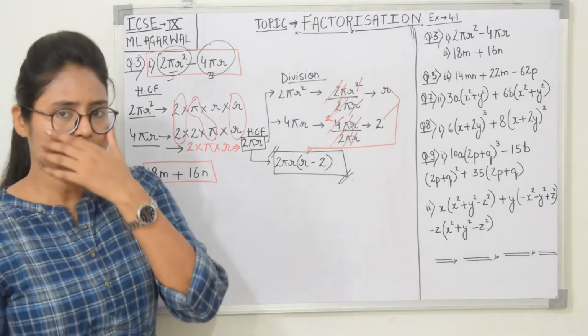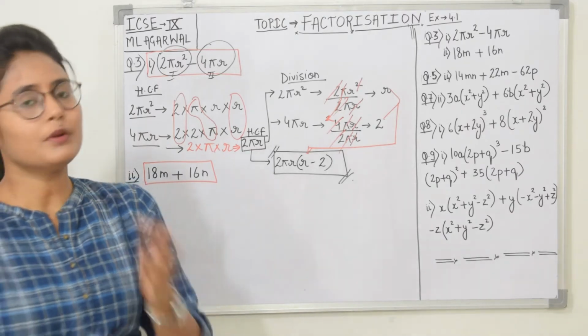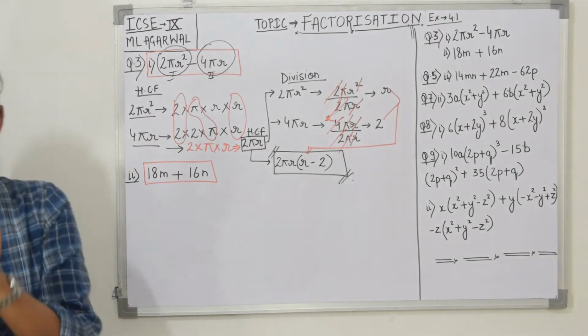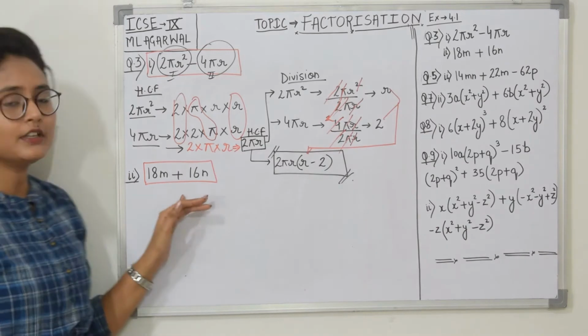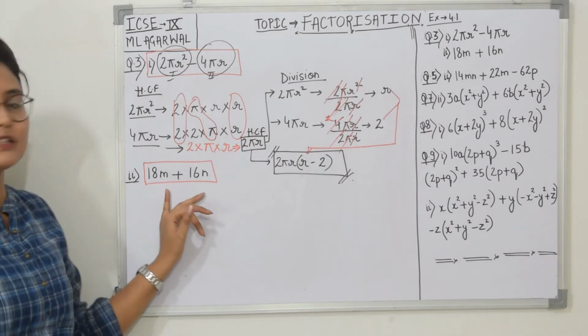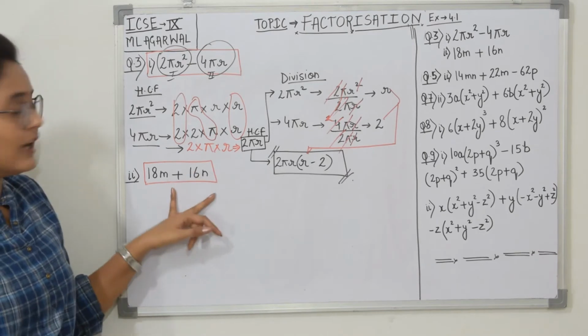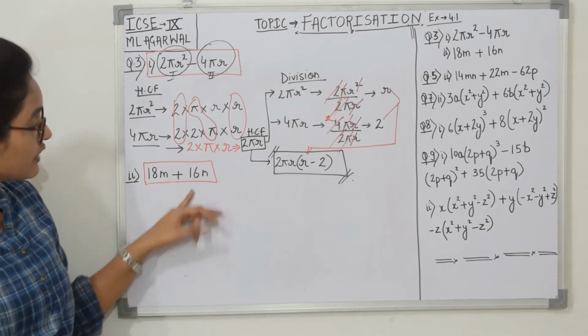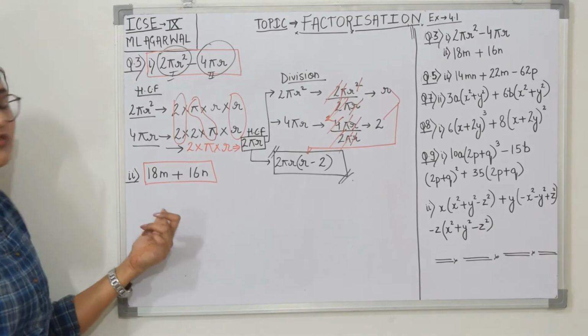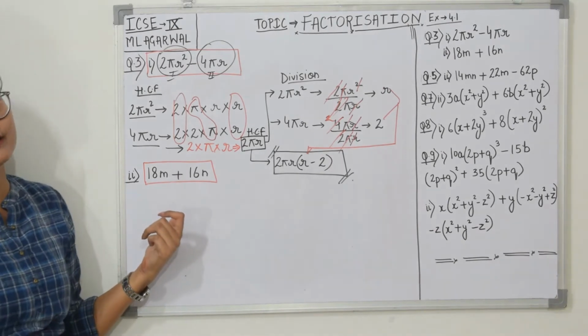No matter how many terms we were having in common, we were having something in case of variables. But in this question, if you look at the variables, you are not having anything common here. So let me tell you again that this is also not going to make any difference in your question.